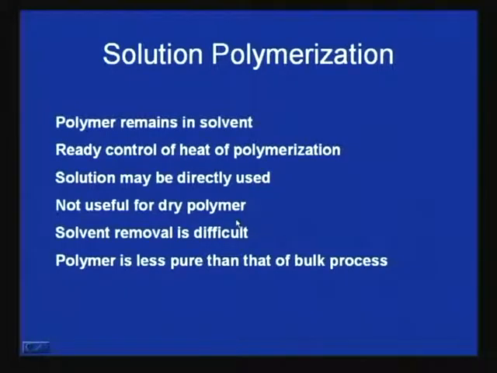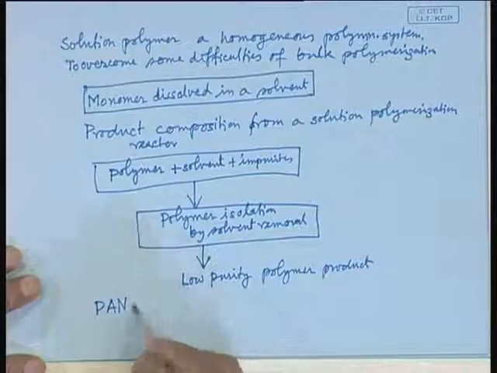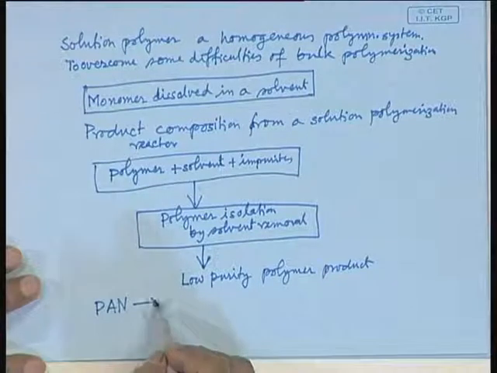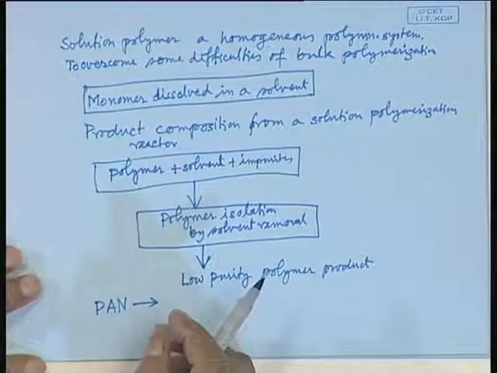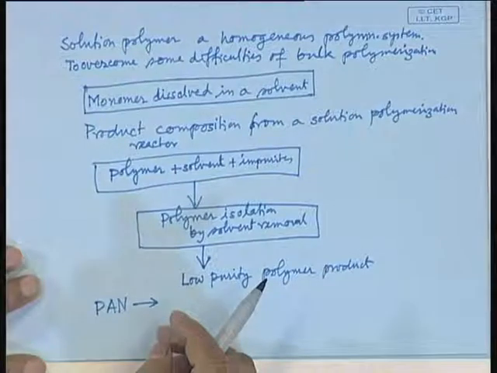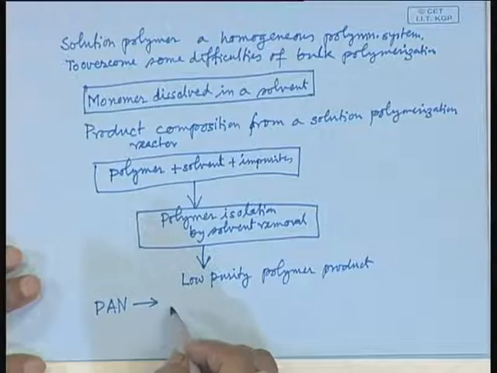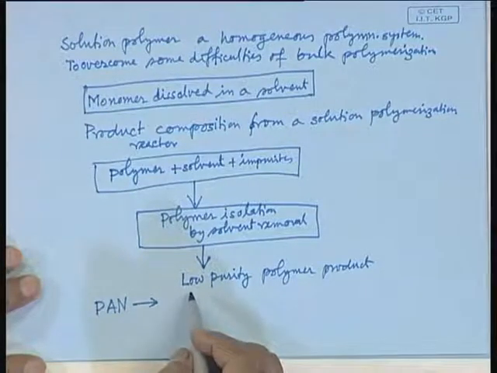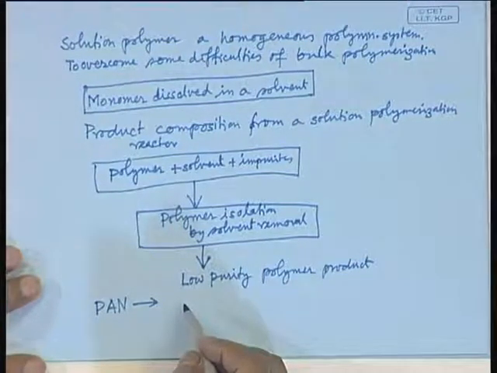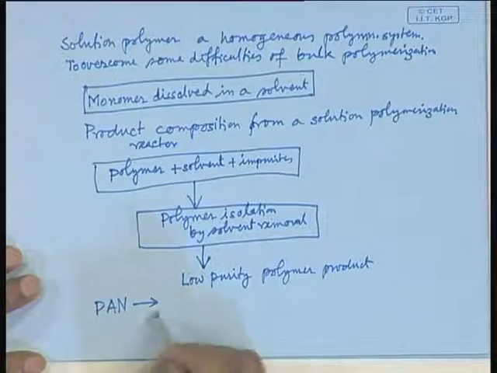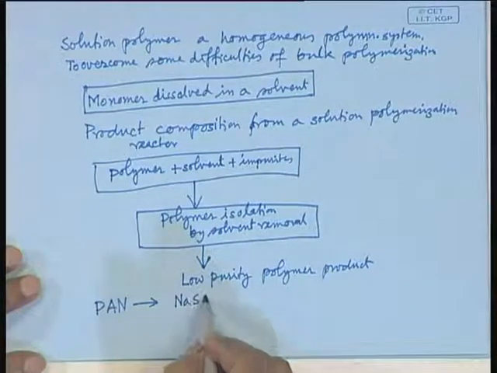Say for PAN, polyacrylonitrile, it is a tough horny polymer, and for this polymer there is a good organic solvent which can dissolve it. For this PAN, people use sodium thiocyanate.